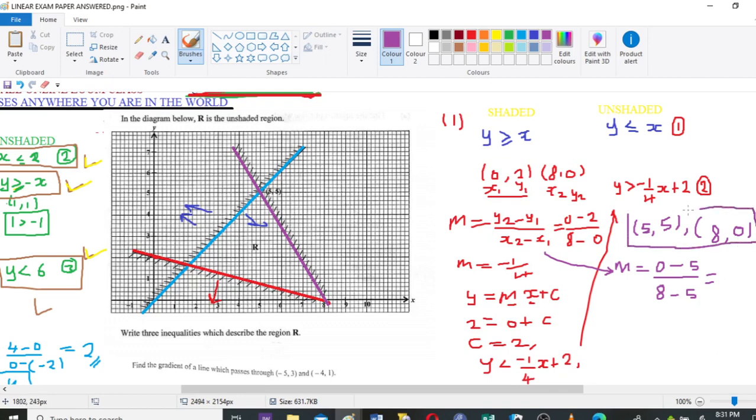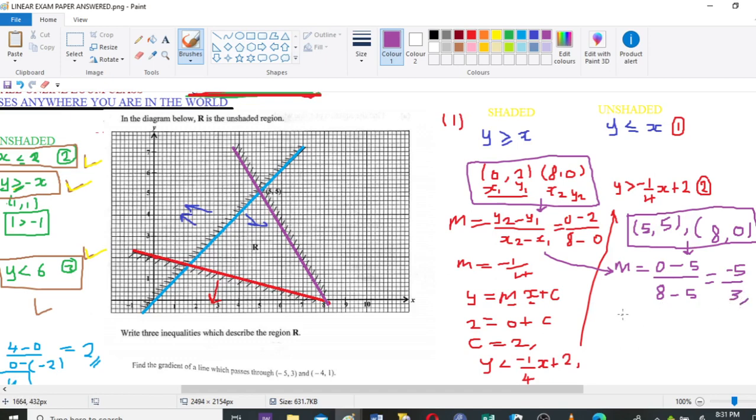Let me highlight this coordinate as 1 and this one as the other coordinate for this calculation. So the value for the gradient will be negative 5 over 3, right?